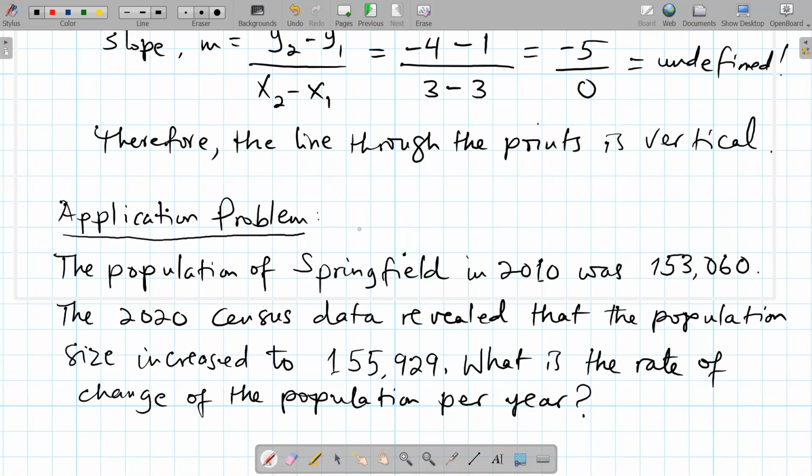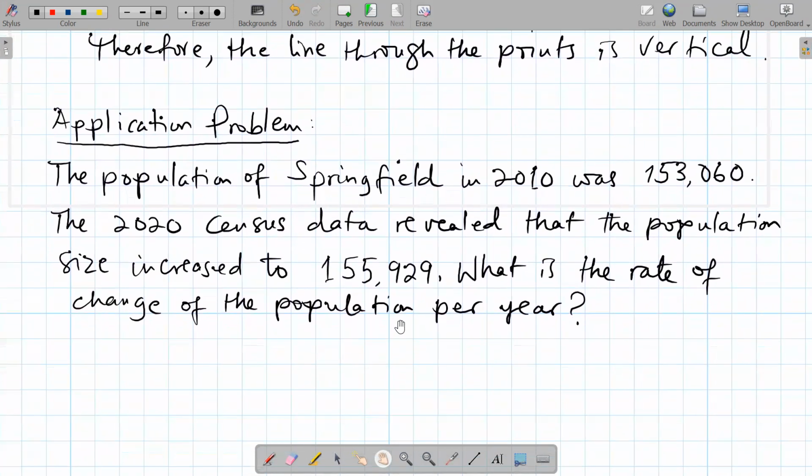So let's look at this application problem here. We're looking at the population of Springfield, Massachusetts. This is the data for population. In 2010, the population was 153,060. And then just last year, the census data revealed that the population size increased to 155,929.